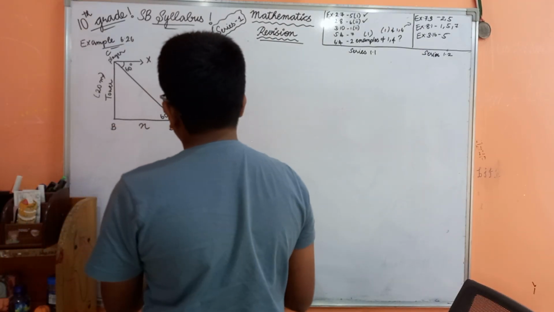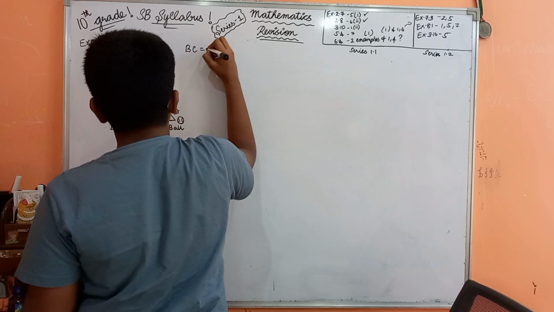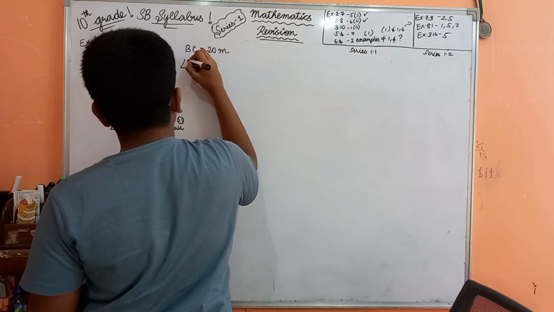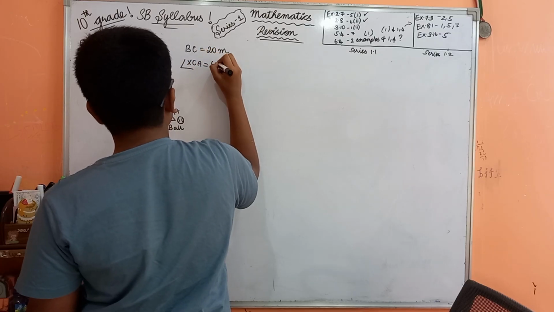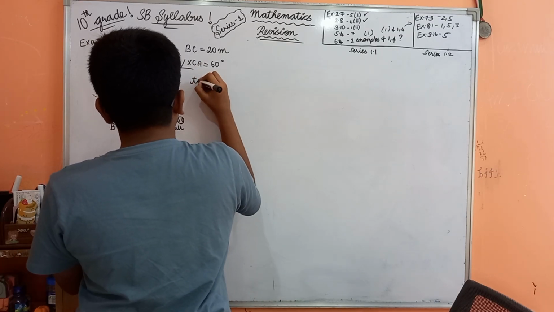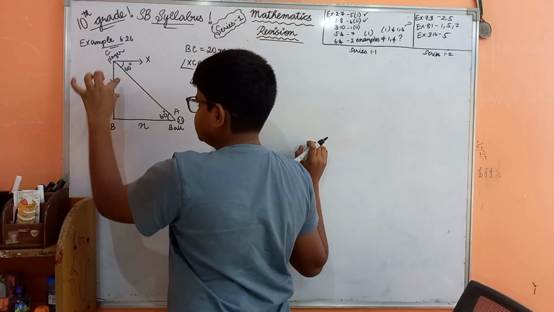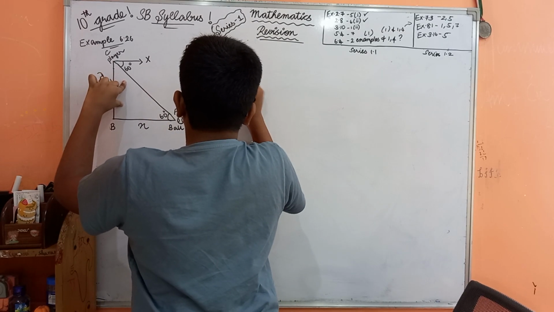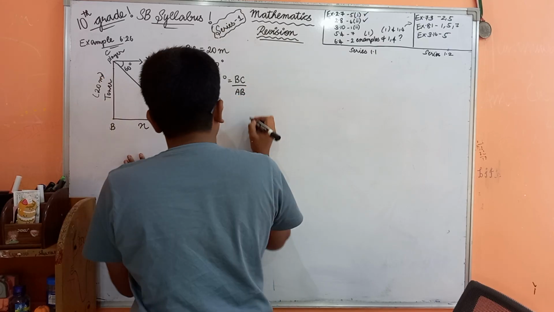First, let's note the observation that BC is 20 meters and angle XCA is 60 degrees. So tan 60 degrees is the opposite side, BC, over the adjacent side, AB.